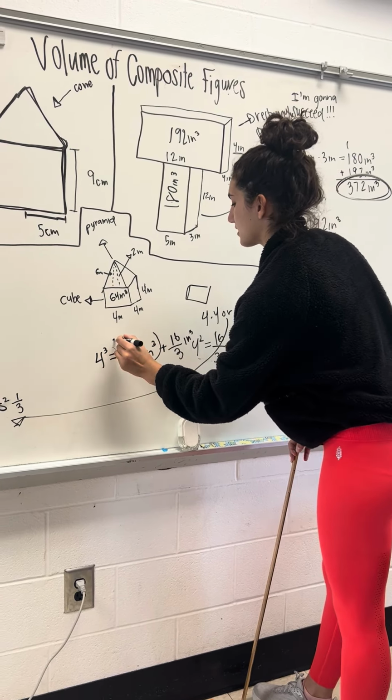I'm going to do some long division. 3 can't go into 2, but 3 goes into 20 6 times. 3 goes into 28 9 times. And then we're left with 1/3, so now we have 69 1/3 inches cubed.